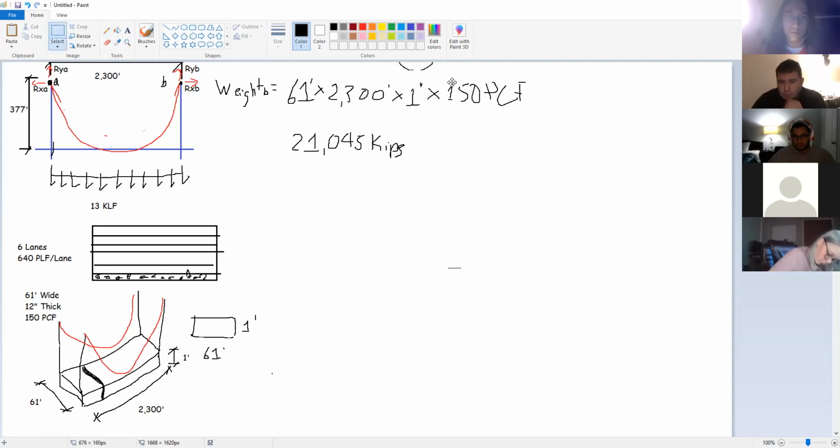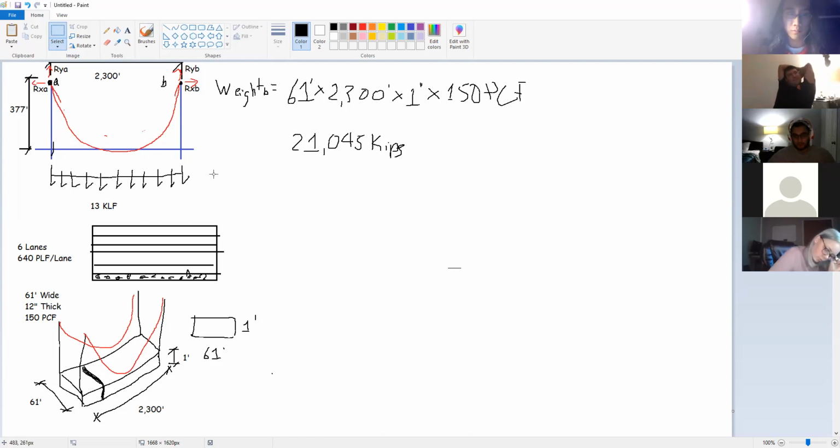That's how much it weighs: 21,045 kips, or 21,045,000 pounds. That's how much this deck weighs. But it doesn't factor in at all to the sum of forces in the y, x, or the moment. I don't see this number anywhere.